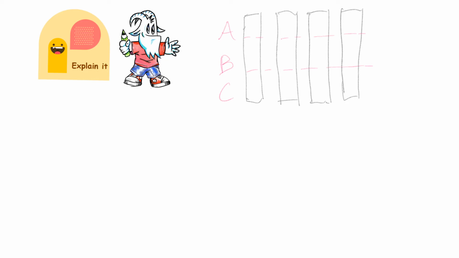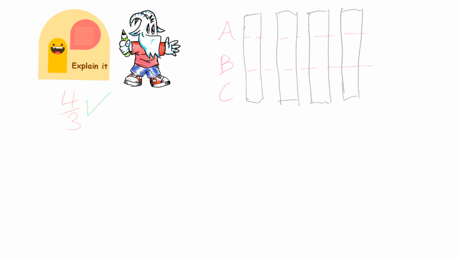Welcome back. If your answer was that each child gets 4/3, well done. Give yourself a massive pat on the back. Allow me to explain how did we come to that conclusion. Let's look at Adam.